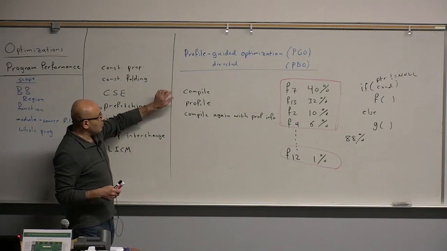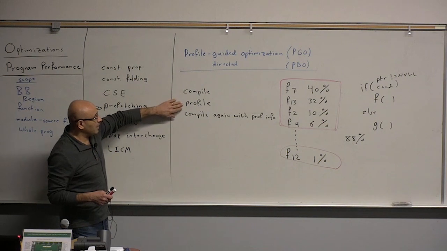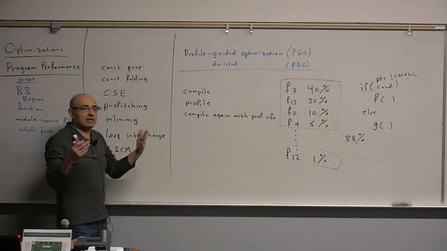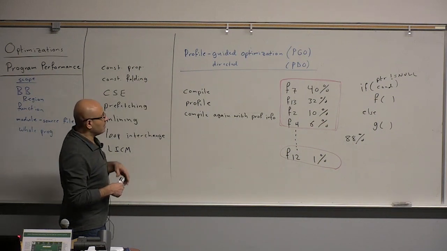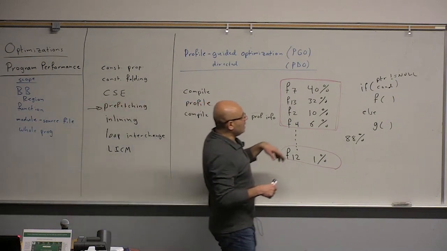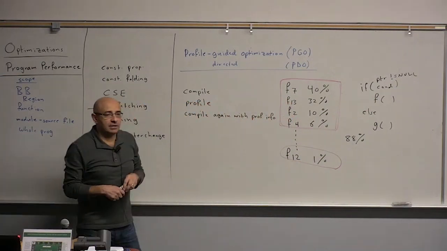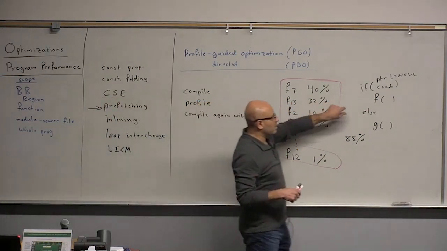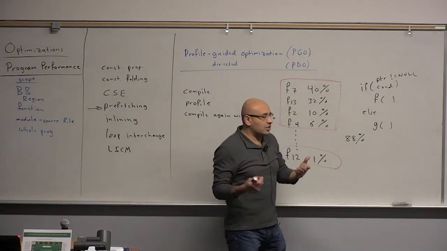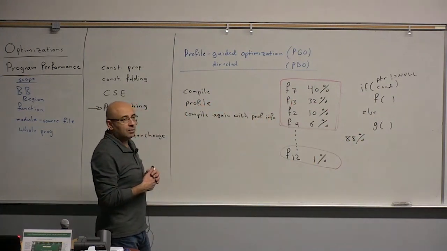Now, when the compiler offers this, compile, then profile, it will collect information like the hotness of a function, or how much time is spent in each function, and things like conditions, what's the probability of a condition being true or false, which can be captured by the basic block execution frequency.